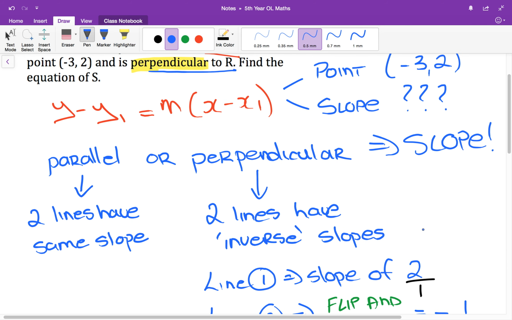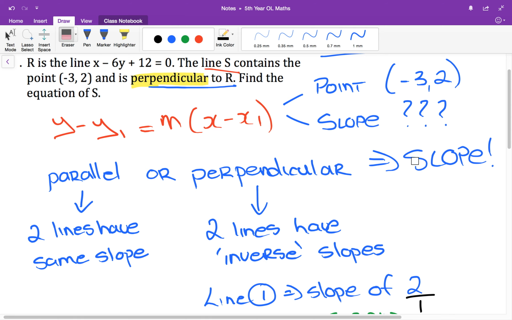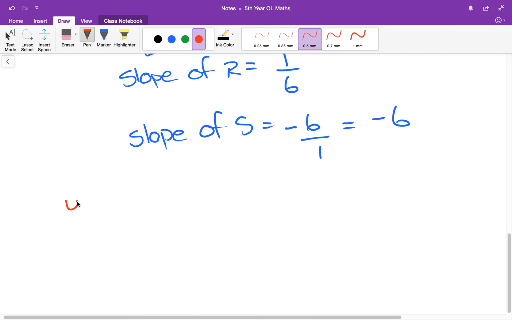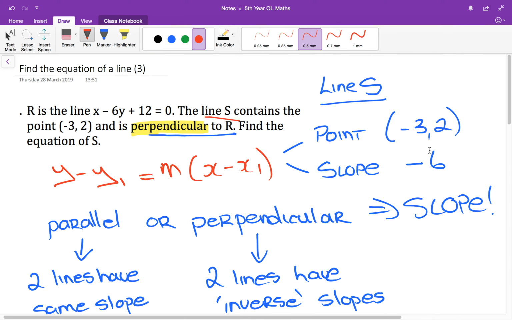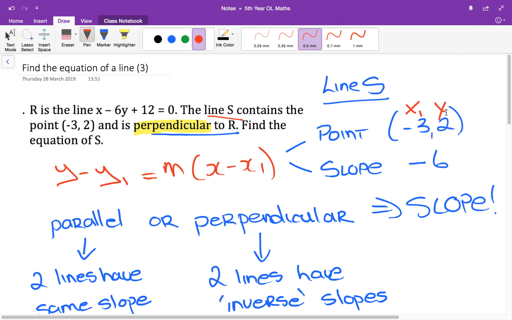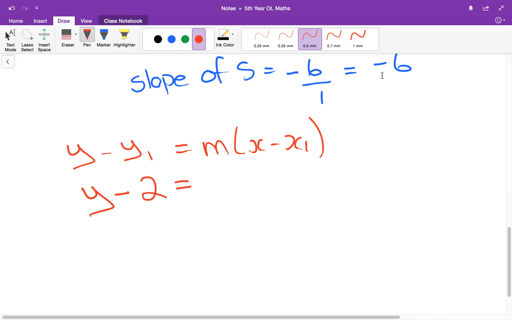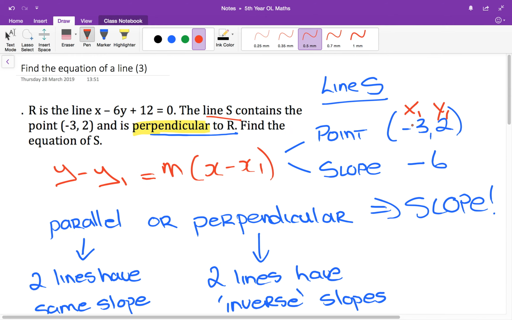So if I go right back up to the top, I can take out my question marks because I now know the slope, which is minus 6. So I can put them into this formula. It's going to be y minus y1 equals m times x minus x1. Here it is, x1, y1. So y1 is 2 equals my slope, minus 6, and then my x minus, and if I go back up again, my x1 is minus 3.